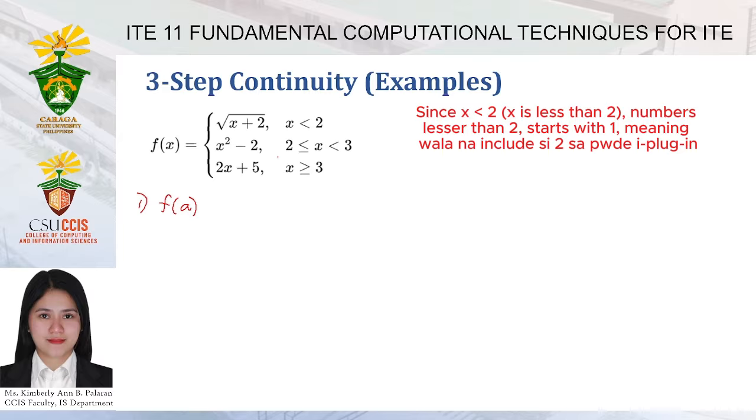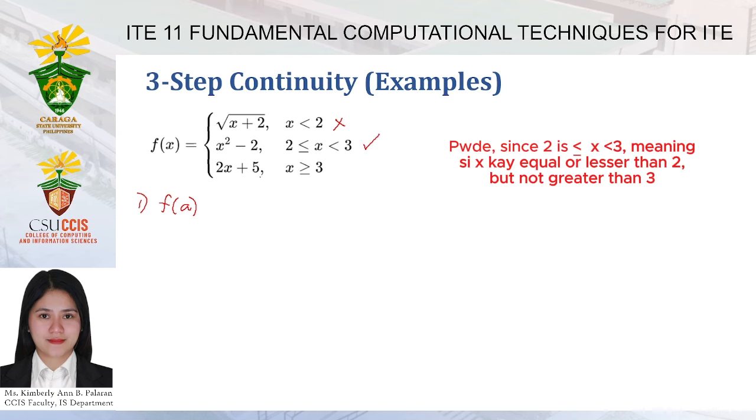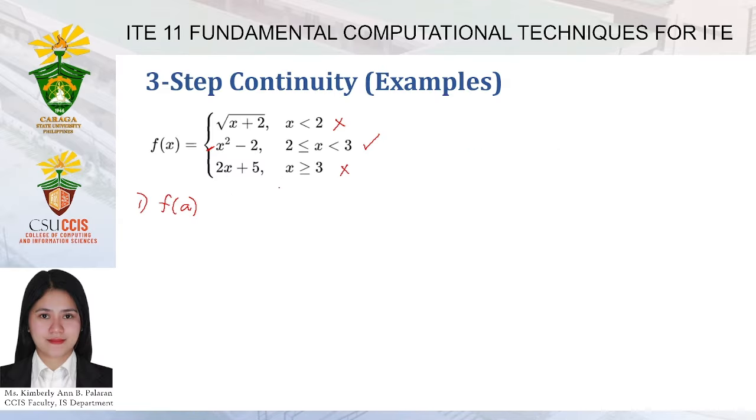Notice that the first function does not include 2, so we cannot use this one. In the second function, we have 2 less than or equal to x, so this one can be used. In here, 2x plus 5 for x greater than or equal to 3, so this one cannot be used. So it is the second function. Let's try to plug in.